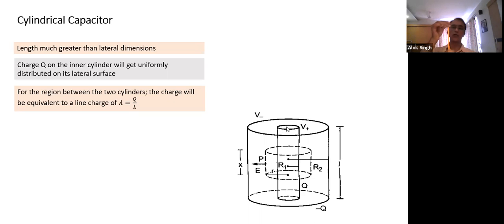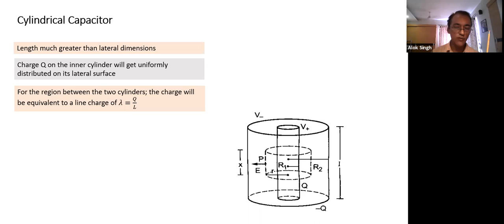Even for a line charge with equivalent charge per unit length, it remains the same. So I can treat a cylindrical shell as equivalent to a cylinder of negligible radius, which is a line charge.